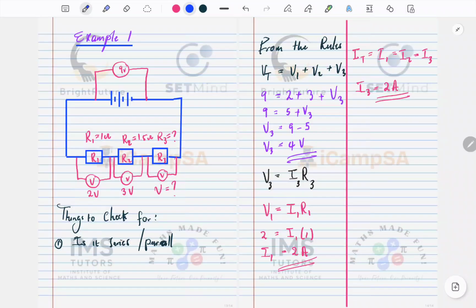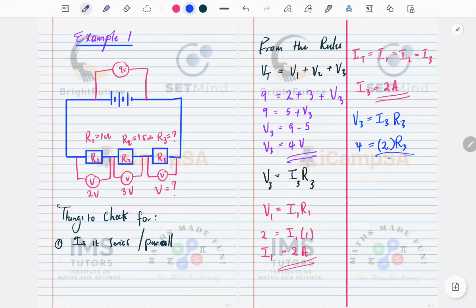Okay, so now we can calculate our R3. Let's take V3 equals I3 R3. We've already got V3 as 4, so we can say 4 equals I3, which we have as 2, times R3.